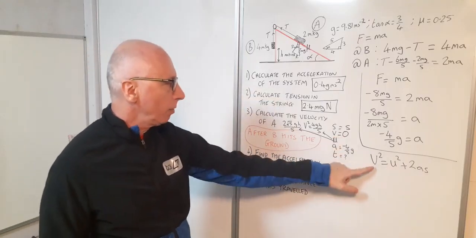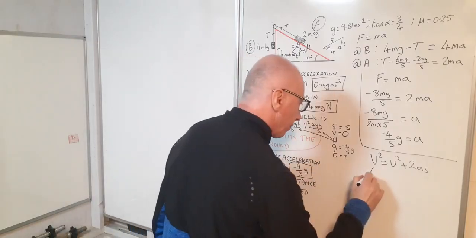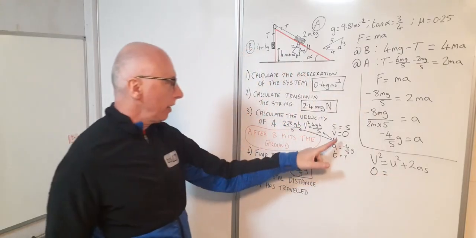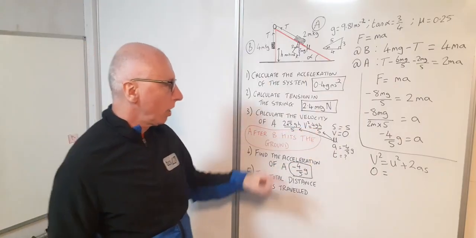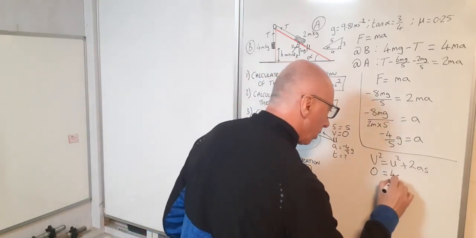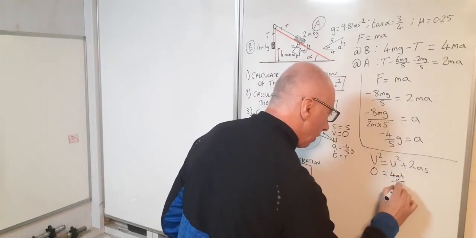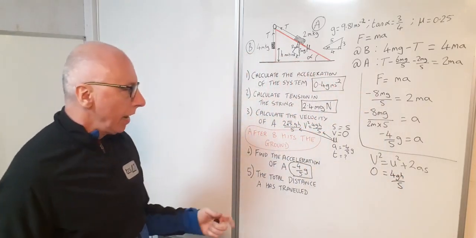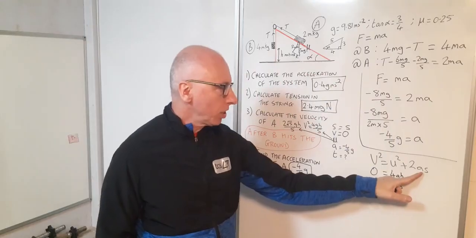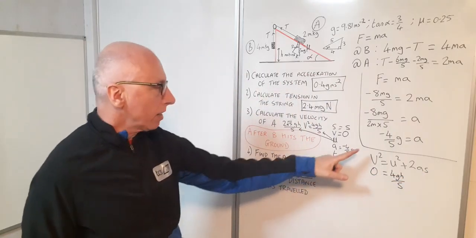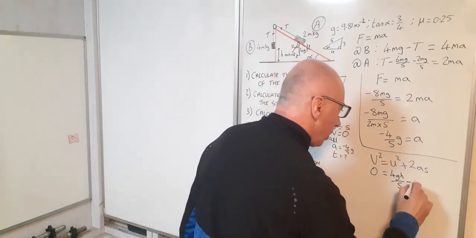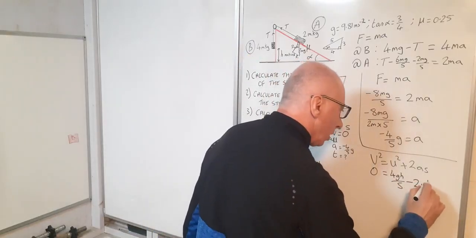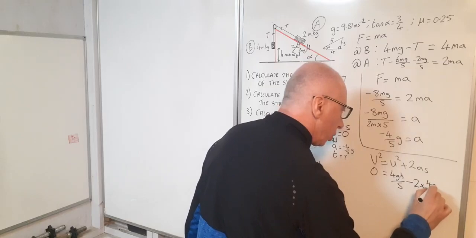So v squared, well, that's going to be 0. u squared, well, that's now our old v squared, which is 4gh over 5. So luckily we kept that. That could be useful. And then plus 2 times acceleration times s. Well, acceleration is negative, so I'm going to change that to a negative. So I've got minus 2 times 4/5 g.